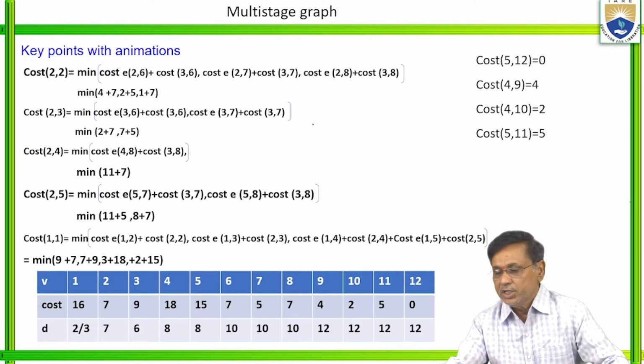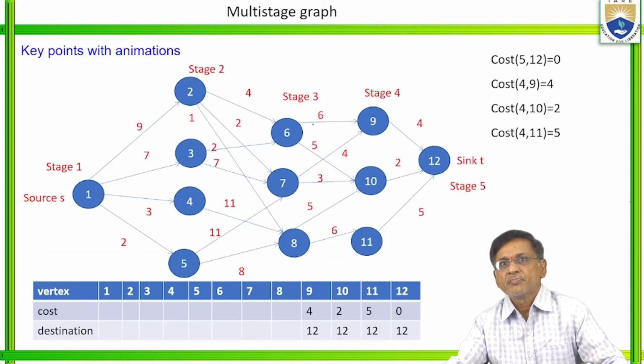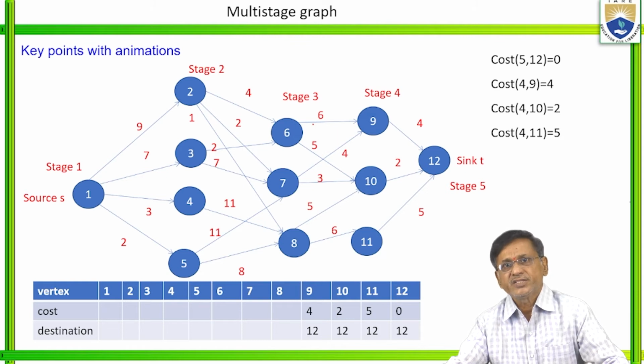Then coming to another path, the other paths are 5 to 7 and 5 to 8. This is corresponding to vertex 5 in the second stage. So here again we have to find out the cost corresponding to vertex 5.